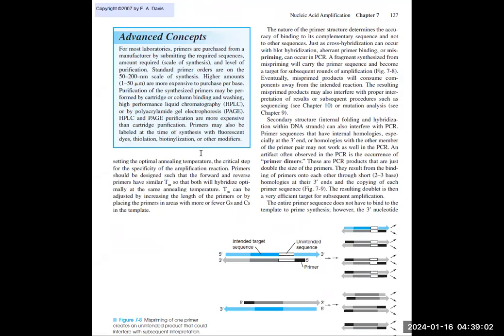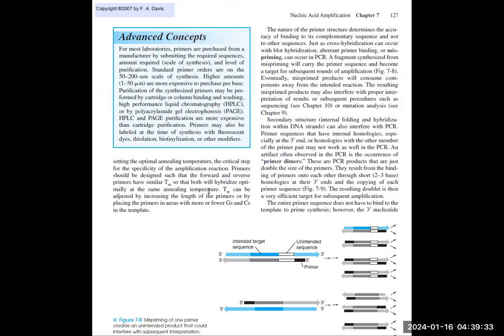So guys, primer design number one that you should consider is the Tm, or the melting temperature. Also consider that our forward and reverse primers must have the same annealing temperatures so that they can function at the same temperature and work in unison, right?